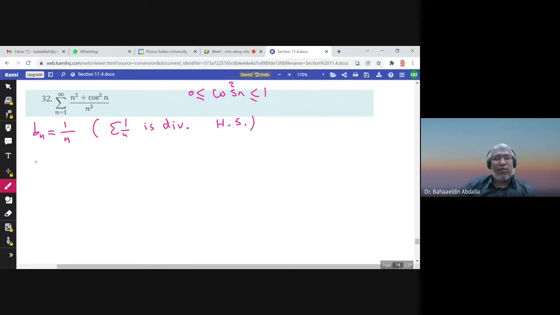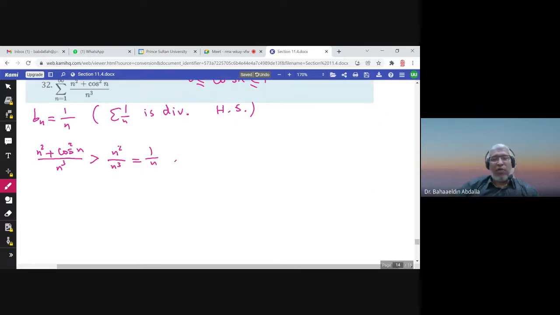So I can say that (n square plus cosine square n) over n cube is greater than, because cosine square is greater than 0, positive. So I can say that this is greater than this, and this is 1 over n.